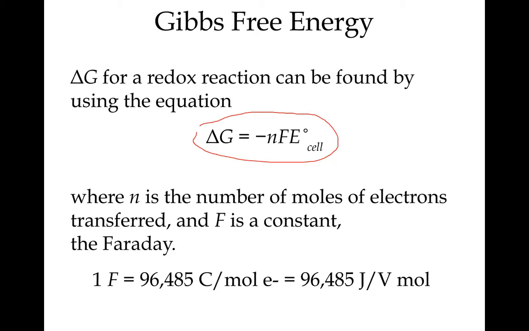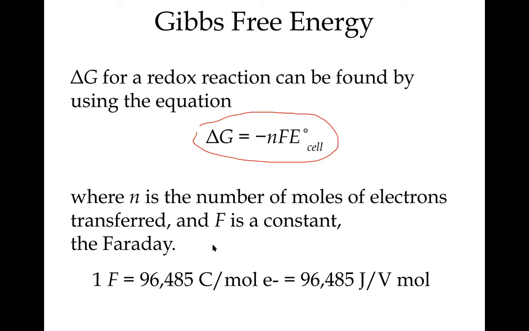It's called the Faraday, and if you're not familiar with Michael Faraday, I recommend you look him up on Wikipedia. He came from an impoverished background with no formal education, and was so brilliant and self-motivated that he taught himself science, and came up with electromagnetic force and all kinds of great things. So it's a very interesting story.